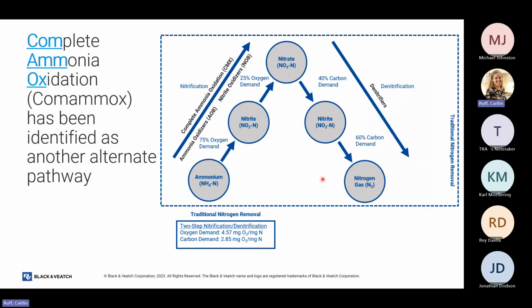And in recent research, COMAMOX was identified as an alternative pathway, and we'll discuss this in a bit, but pretty much a bacterium has been identified that has the mechanisms to do complete nitrification in pretty much a one-step process.